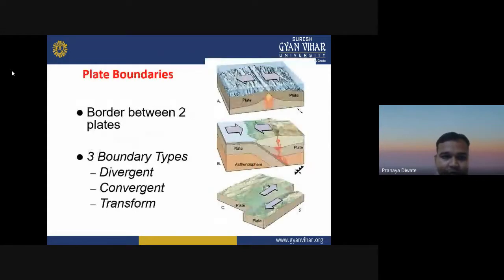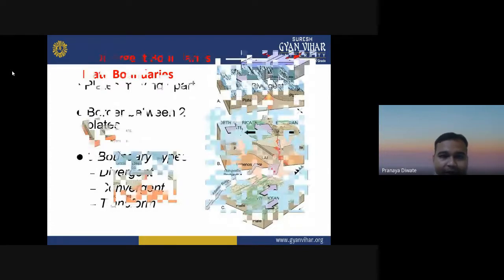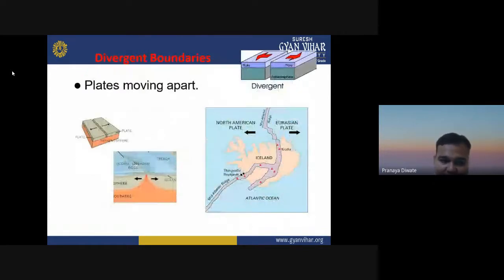You have different kinds of plate boundaries, like the divergent plate boundary. Divergent plate boundaries are those where the plates go away from each other.